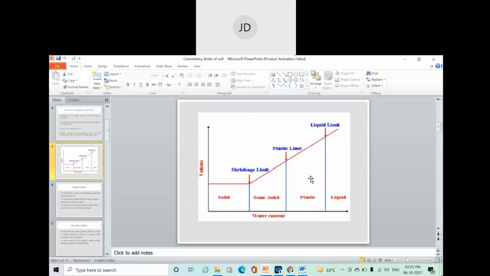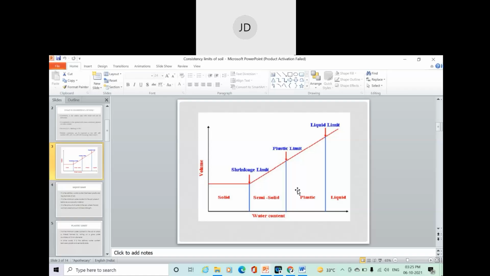Whenever a soil is in this region, it behaves like a plastic. I think you have seen, now Durga Puja is coming, lots of the craftsmen are making idols, right? The statue of Durga Ma, construction of this is going on. If you go there and see, they are using plastic soil.